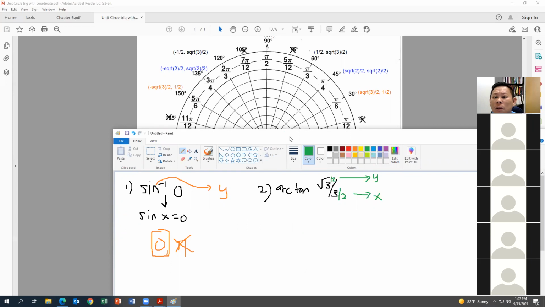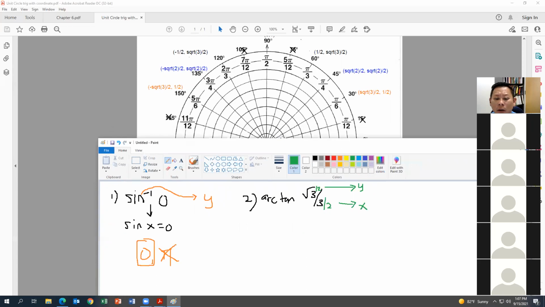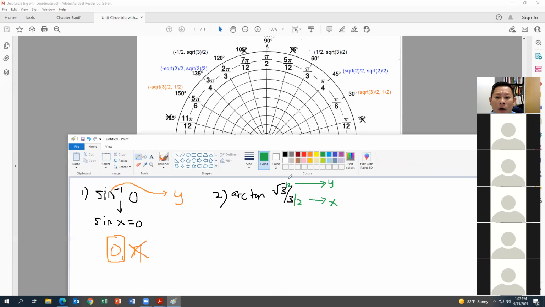What do we do in here? I'm thinking. Is this correct? I think this is correct. Yeah, this is correct. I need to think about this one. This is not working because of the √3/2, because we don't have a √3, we have a 1/2, right? We have 1/2. Let me think about this.